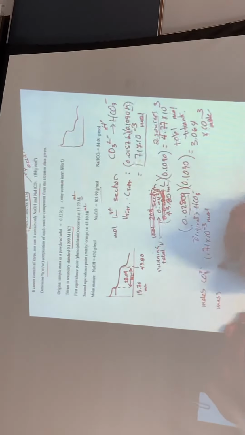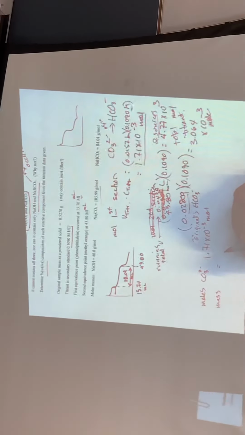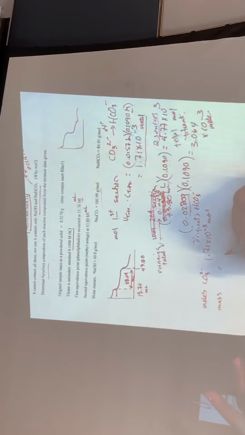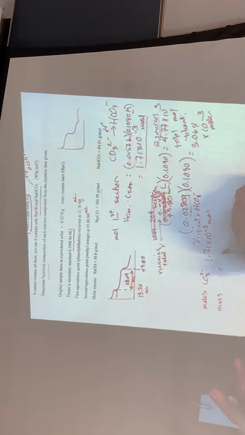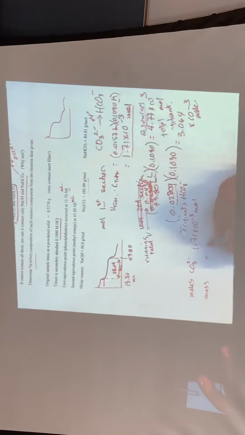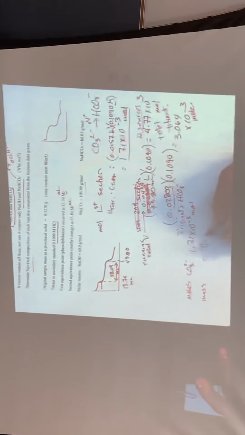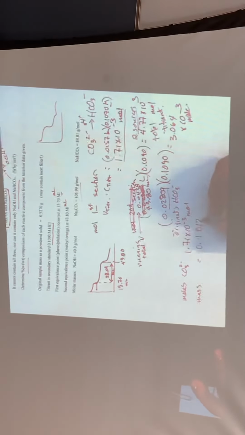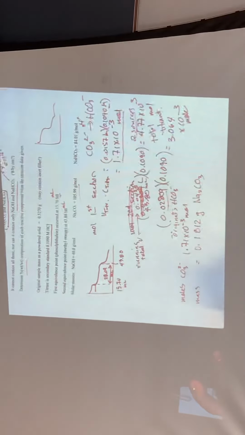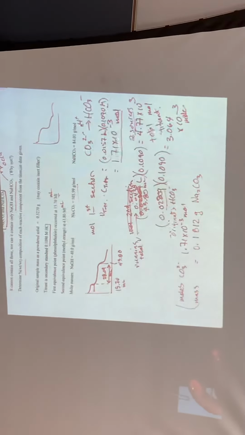So the mass of the original carbonate is those moles times 105.99, and I got 0.1812 grams of sodium carbonate. Okay, so that was the first step.